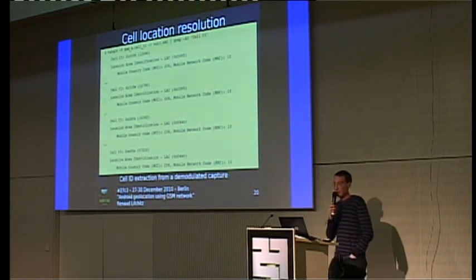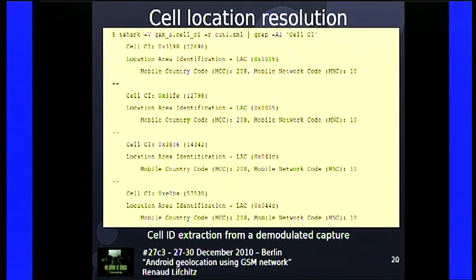And here is the result from the demodulated capture. So TShark is basically Wireshark in console mode. Okay? So this is a console version of Wireshark. I take the decoded capture as an XML file here, and I just apply a filter in order to only keep the packets with cell IDs, right?